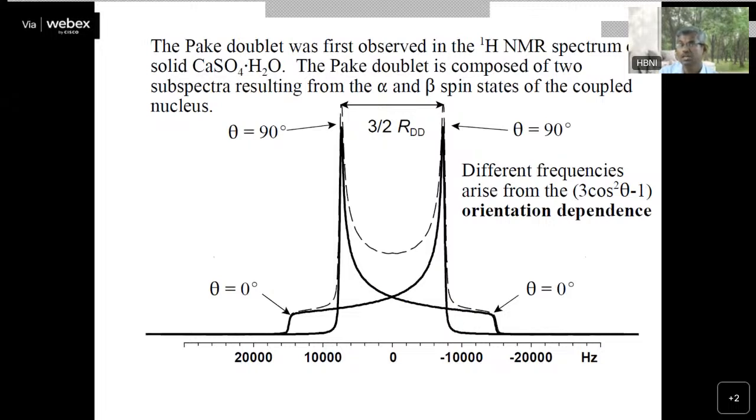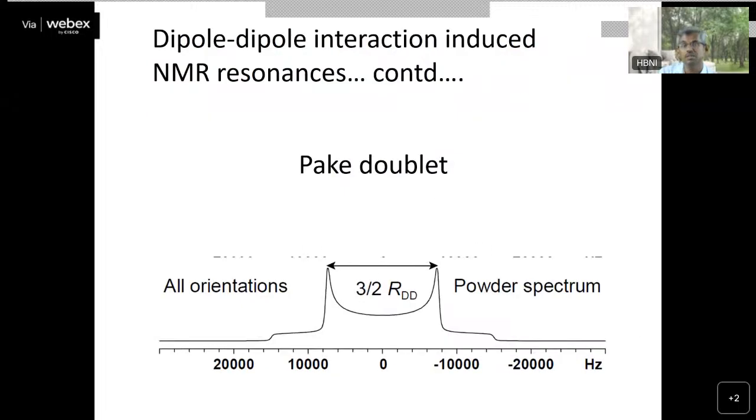So the interaction between two water molecules is negligible, but within a molecule there is a considerable interaction between the protons. So this is a unique case in which calcium sulfate hydrate has isolated water molecules in the lattice, and these isolated water molecules have two different protons. Each water molecule has two different protons, and they dipole couple and produce a line shape somewhat similar to this.